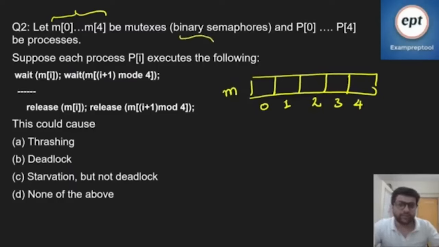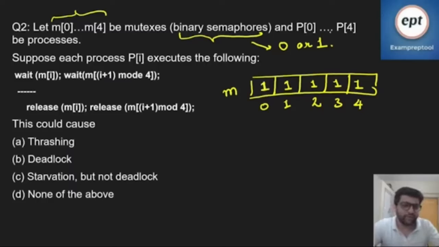What are binary semaphores? Binary semaphores take values 0 or 1. Right? So let's assume that initially all the values of these mutexes were 1. That means that the resources that are being locked by these mutexes are currently available, right?